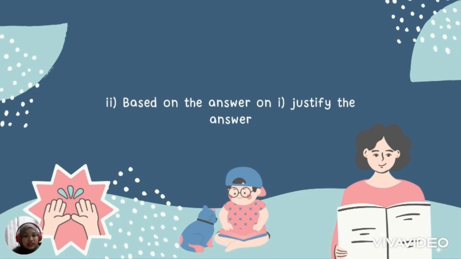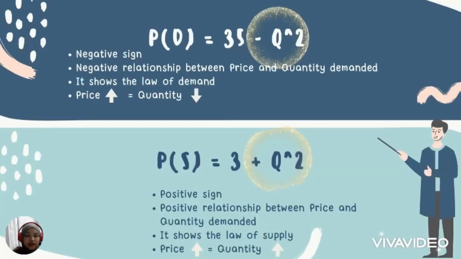So the next question is, based on the answer of number 1, justify the answer. So how do we get to know the first function is the demand function? It is because of the negative sign of coefficient Q power of 2, which means there is a negative relationship between price and quantity demanded, and it shows the law of demand. Whenever price goes up, the quantity will go down.